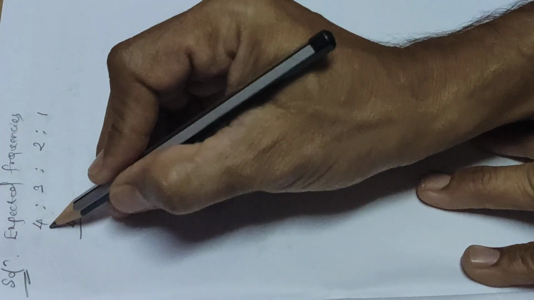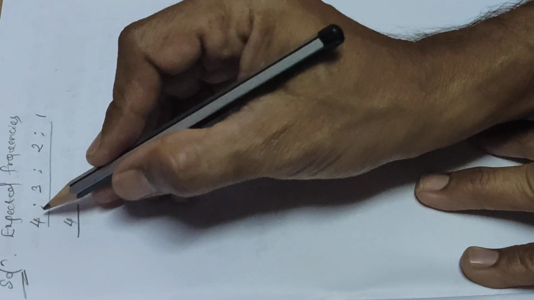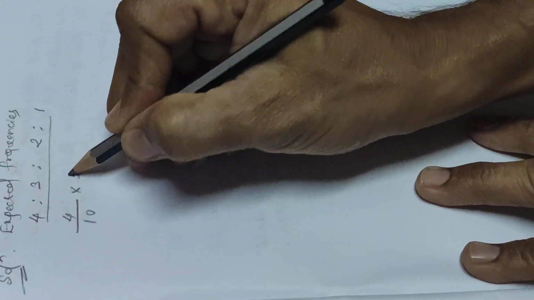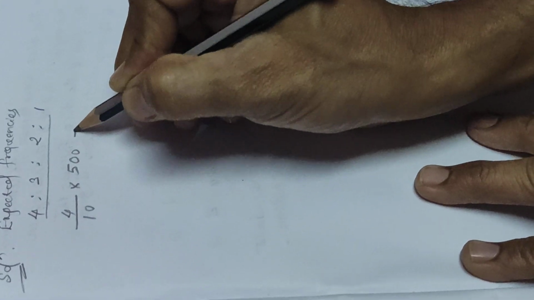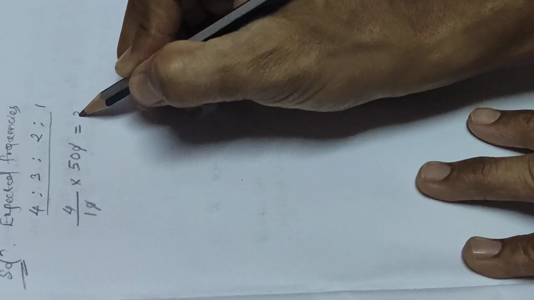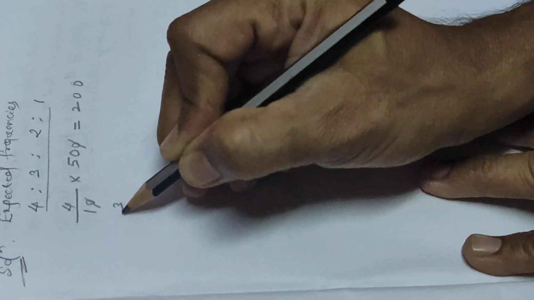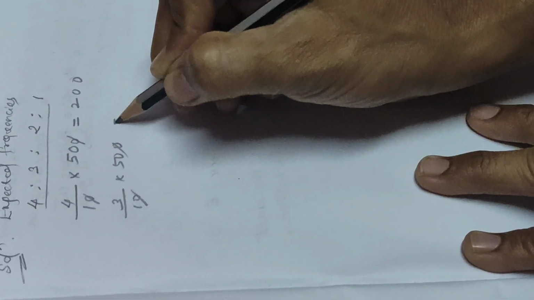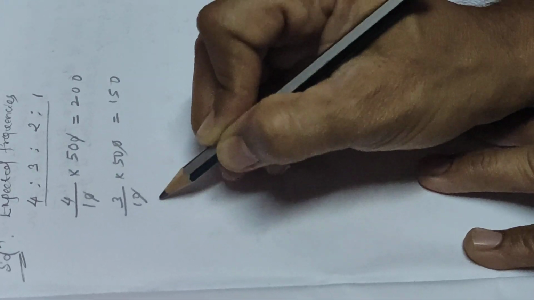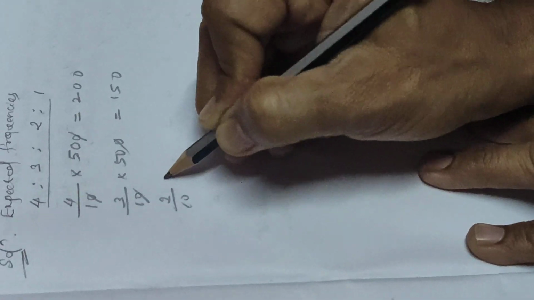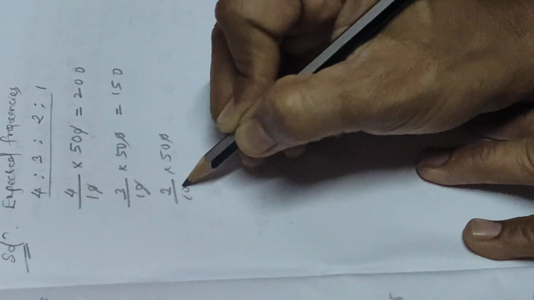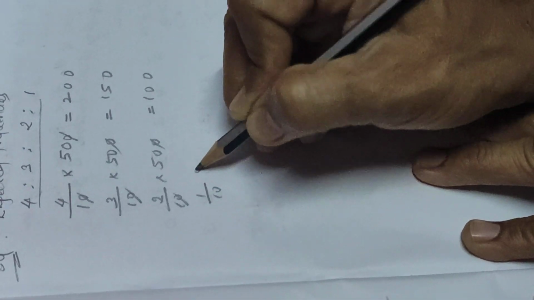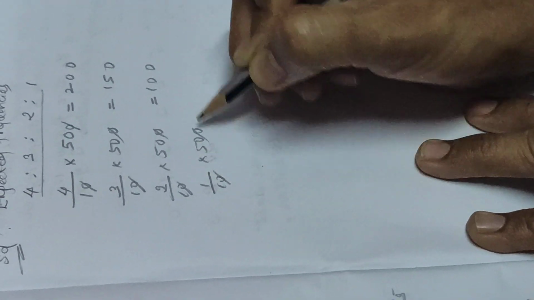So 4 by 10 into the total number of students, that is 500. The 0 will get cancelled, that is 200. Next is 3 by 10 into 500, so 0 will get cancelled, that is 150. Next is 2 by 10 into 500, that is 100. Then 1 by 10 into 500, so that will give you 50.